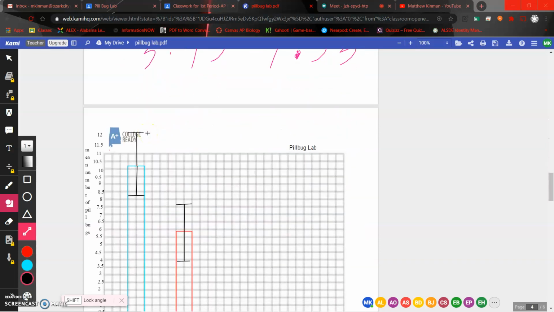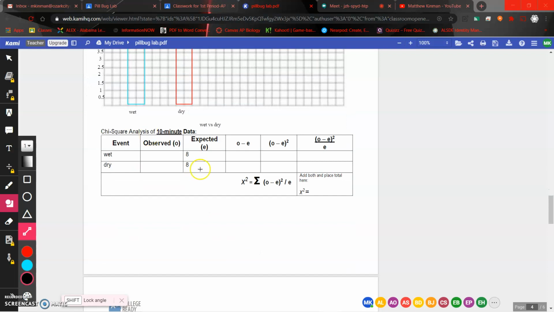So it basically takes a standard, or what you expect based on your null hypothesis, compares it to what you actually observe, and gets a chi-square statistic. And that chi-square statistic, you will then compare to a p-value, and you will either reject or fail to reject your null hypothesis.